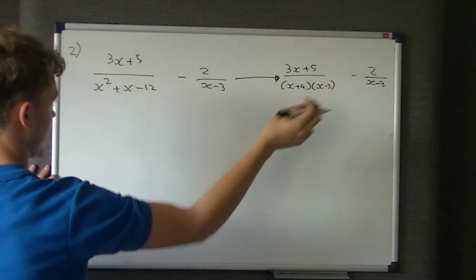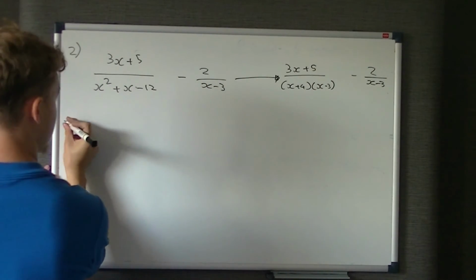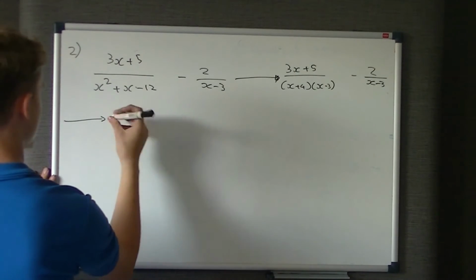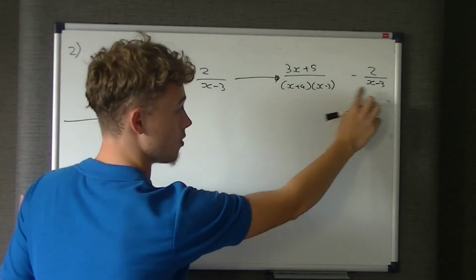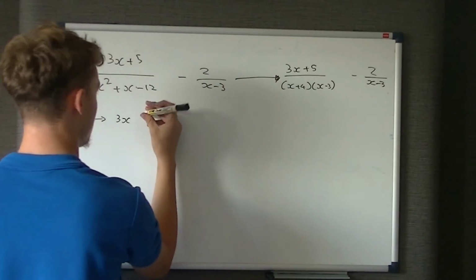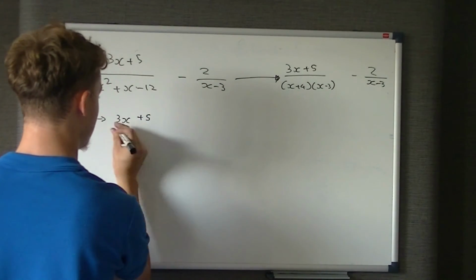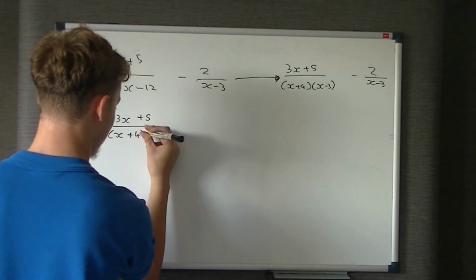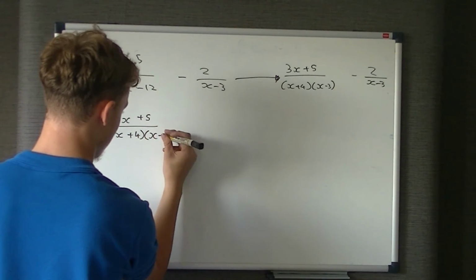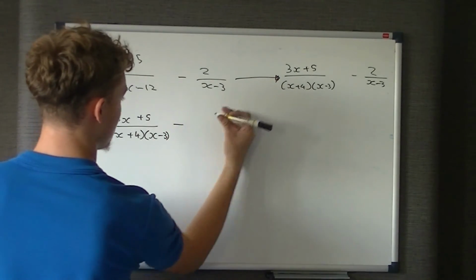Okay, so assuming we've got this, the next step would be, so we've already got x take 4 and x take 3, we just need x take 4 on the other side, so the left hand side of the equation is going to stay exactly the same. So you can just rewrite out 3x plus 5 over x take 3, x plus 4. And we're going to take that away from 2.